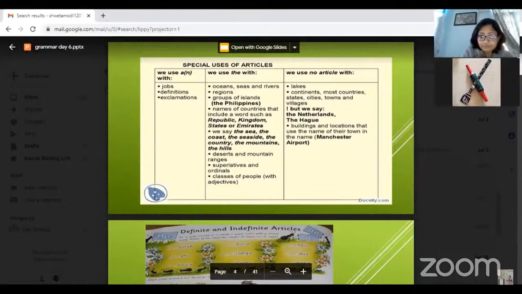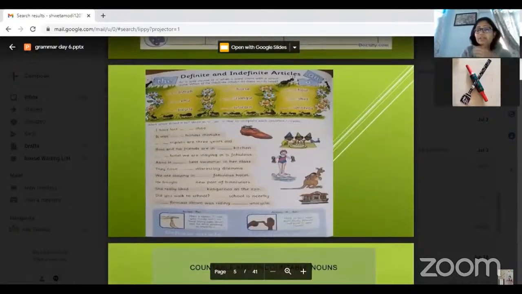Now, this is the worksheet which is given. Here we are teaching them that this is the definite article "the," and this is the indefinite article "a" or "an." For example, let me take a sentence here: "Anna is dash best swimmer."